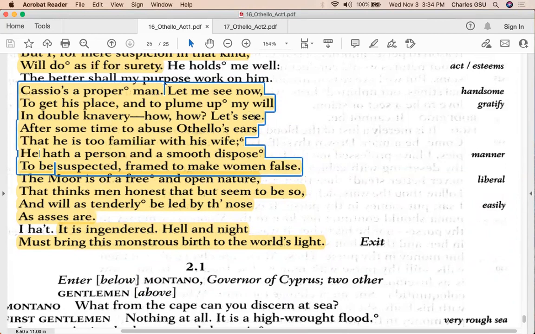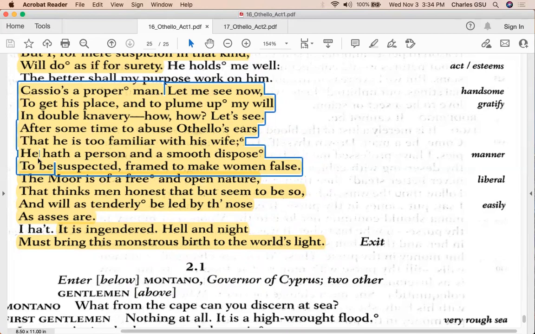How? Let's see. And here's his plan. After some time, to abuse Othello's ears, right, to tell Othello lies, that Cassio is too familiar with his wife, Desdemona. And this is the part where Iago is buying into these caricatured stereotypes of people of color.